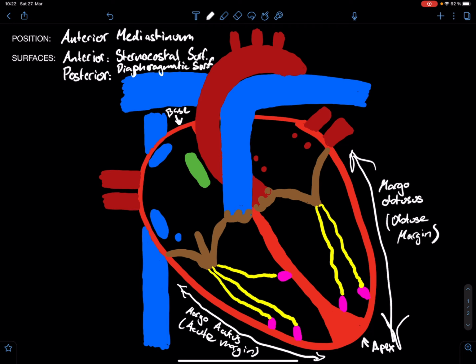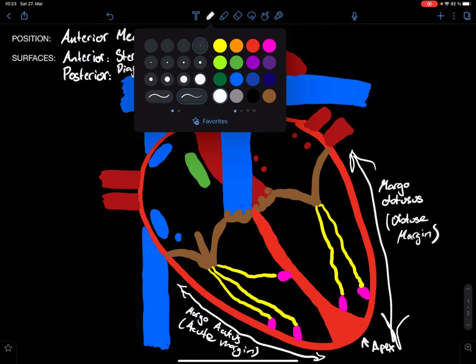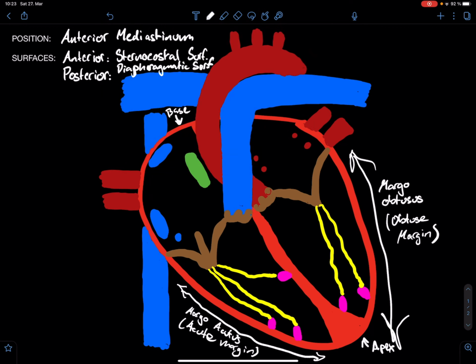Next, we're going to focus on the internal structures as well as some of the big vessels of the heart. And for that, I'm going to follow the flow of the blood through your heart. First, blood comes through the inferior and superior vena cava. Here we have the inferior vena cava. Here we have the superior vena cava.